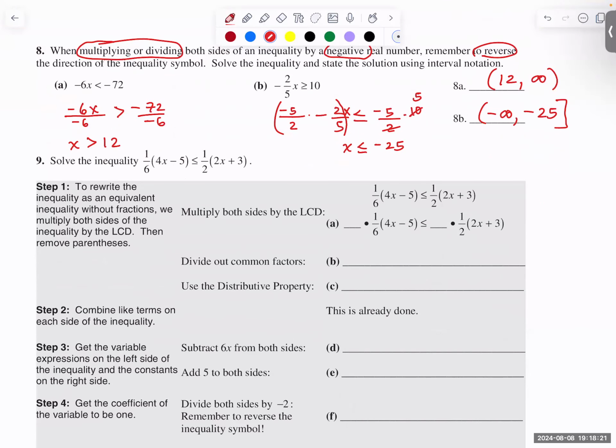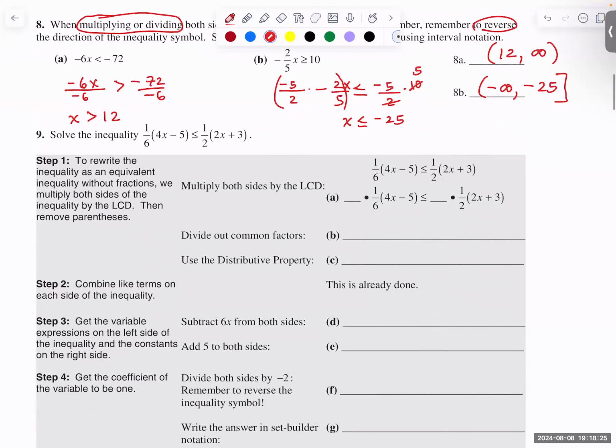Number 9, solve the inequality with fractions. Step 1, to rewrite the inequality as an equivalent inequality without fractions, we multiply both sides of the inequality by the least common multiple of the denominators. Multiply both sides by the LCD.